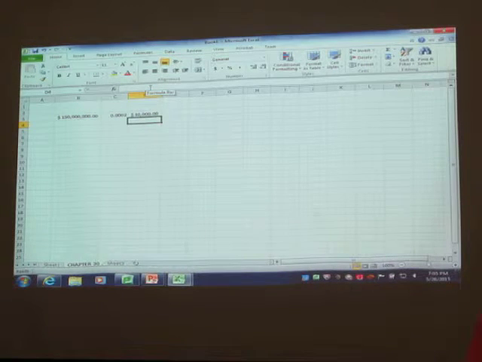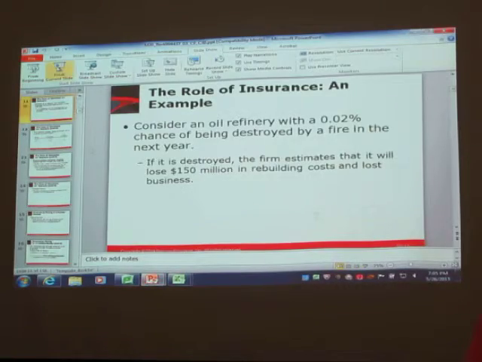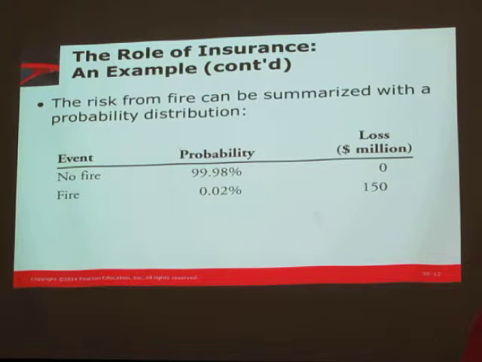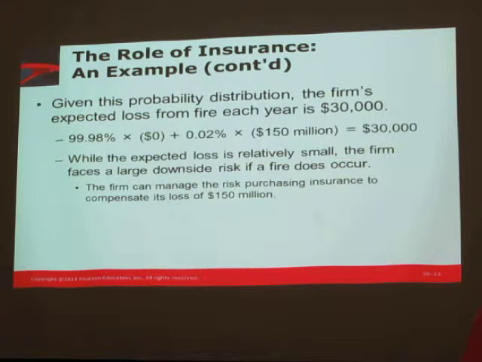Okay. Now what does that $30,000 mean? Given the chance of it happening, the expected loss would be $30,000 each year.